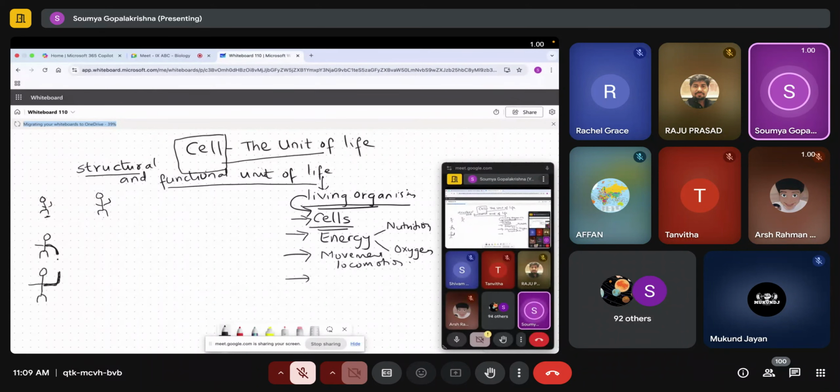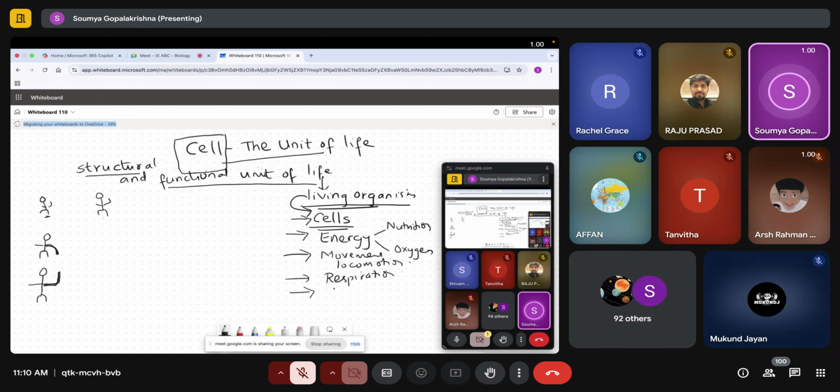A part of the organism has changed its position. Now, this is called movement. So, for an organism to be called living, or having life, it should be capable of either movement or locomotion. And how is energy got? By a process called respiration.